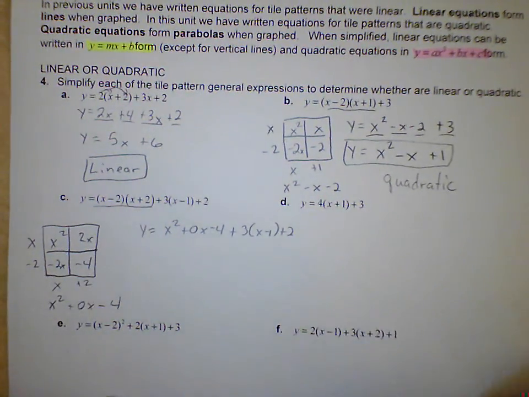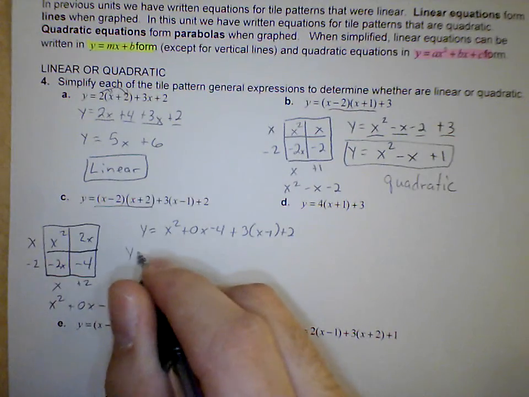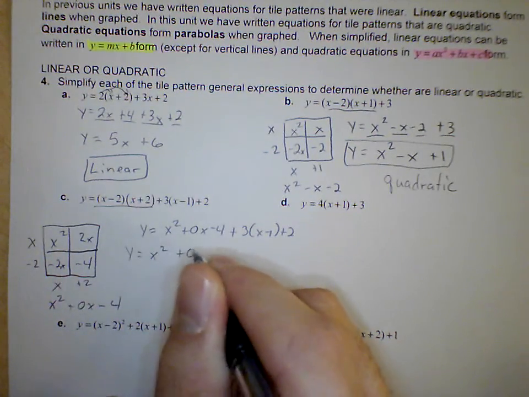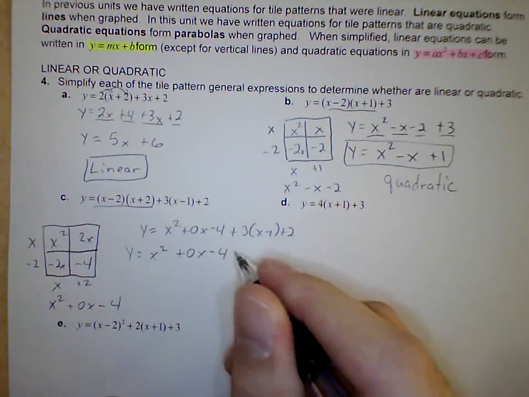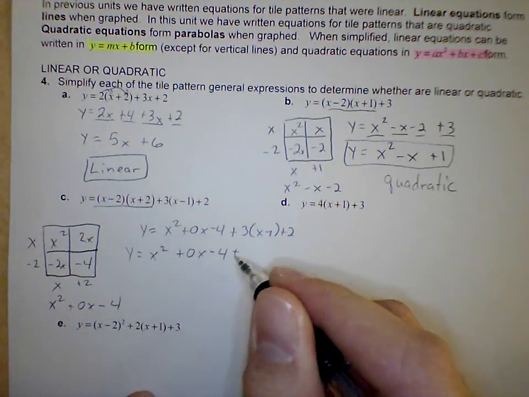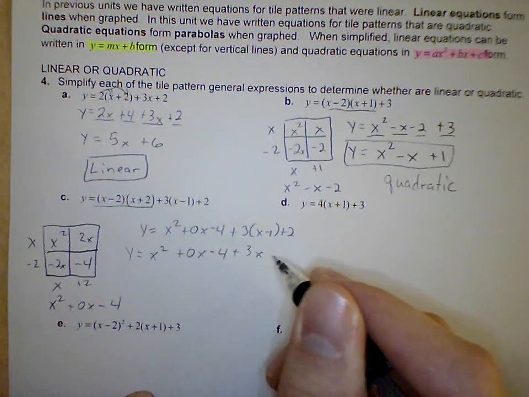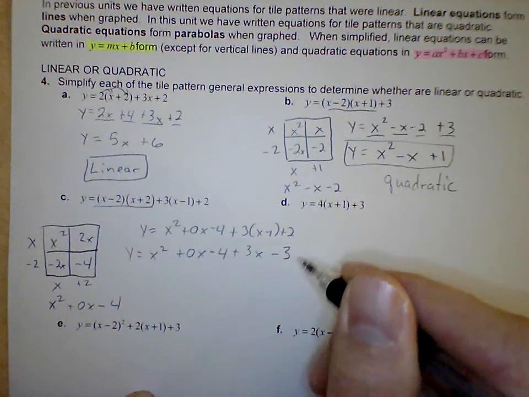And we've got to distribute that part, so we get y equals x squared plus 0x minus 4. So distributing 3 times x is 3x. 3 times a negative 1 is going to be a negative 3 plus 2.